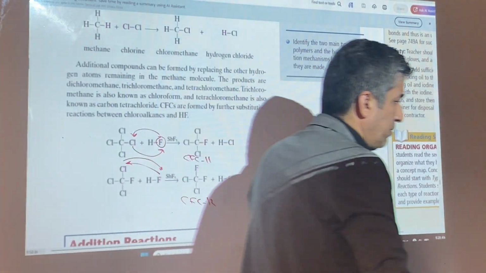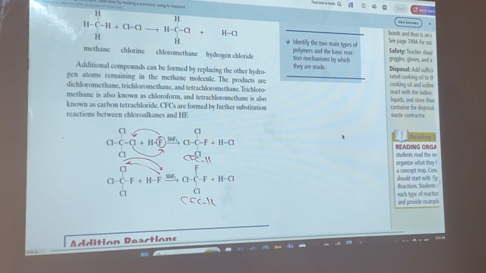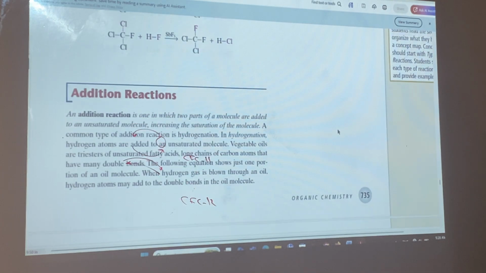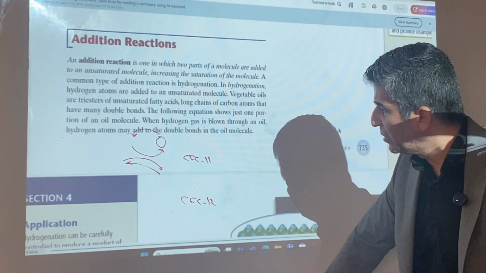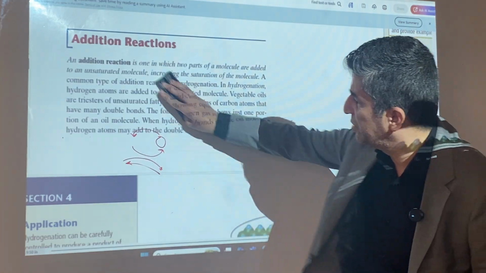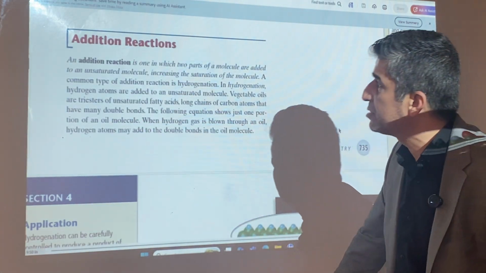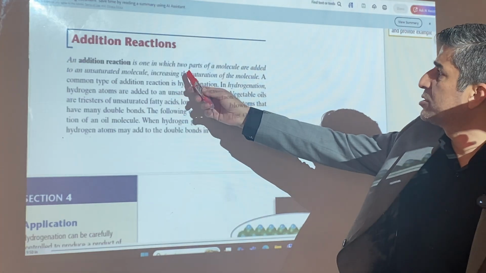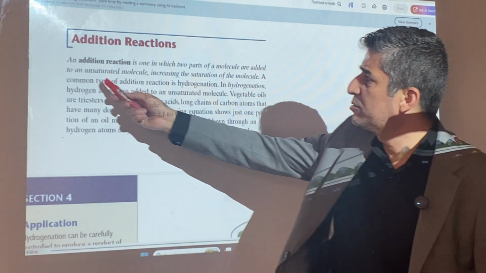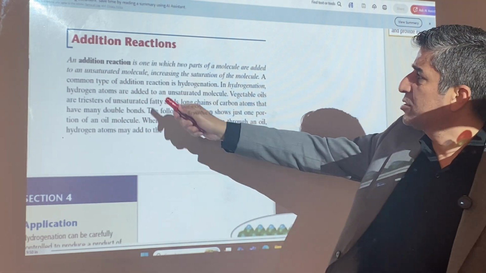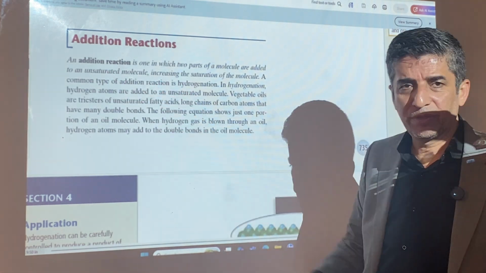Another reaction we have is the addition reaction. The addition reaction is also an important reaction. An addition reaction is one in which 2 parts of a molecule are added to an unsaturated molecule.